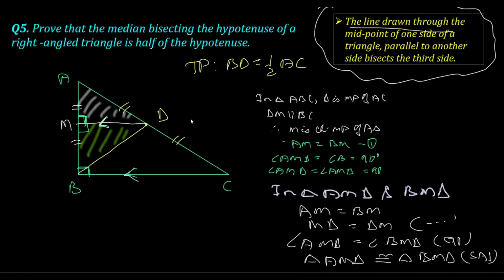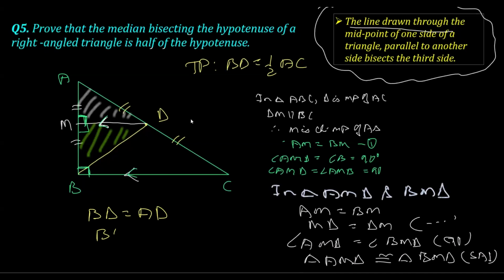Once we prove these two triangles congruent, can I say that length BD is equal to AD, and that's from CPCT. So BD is equal to AD.